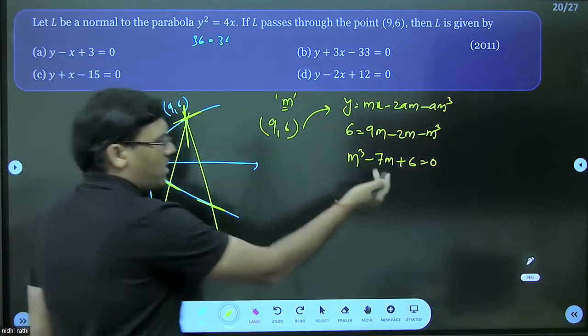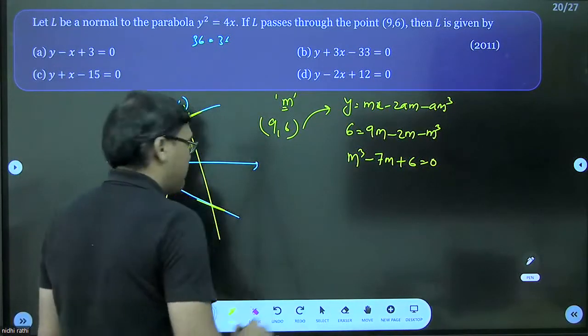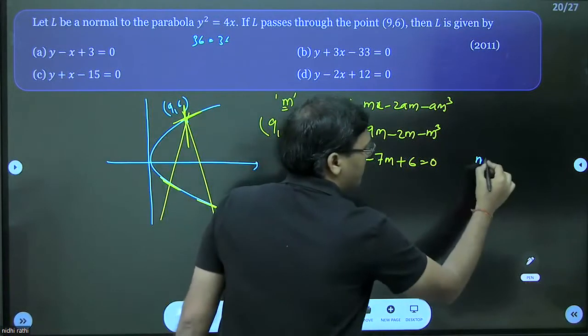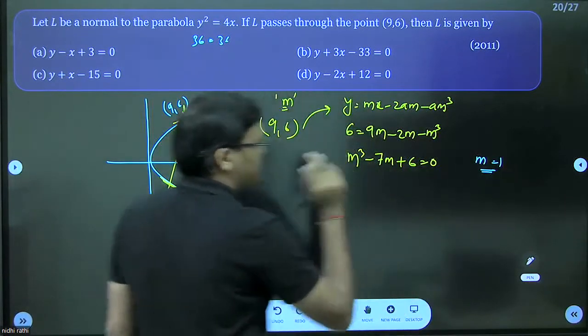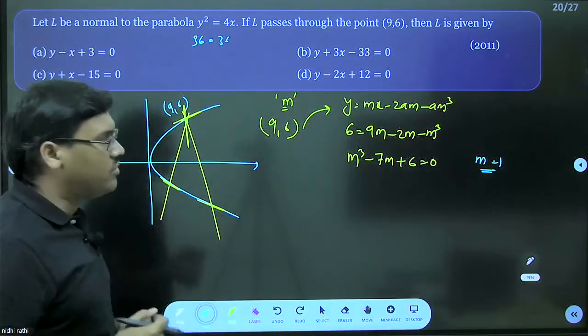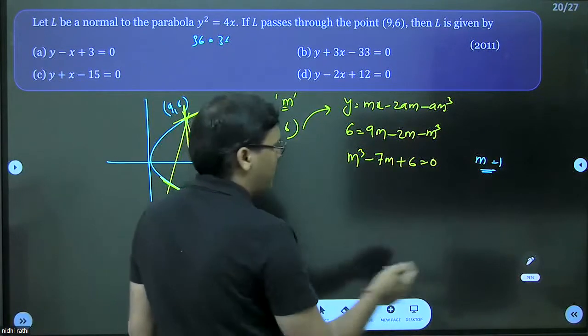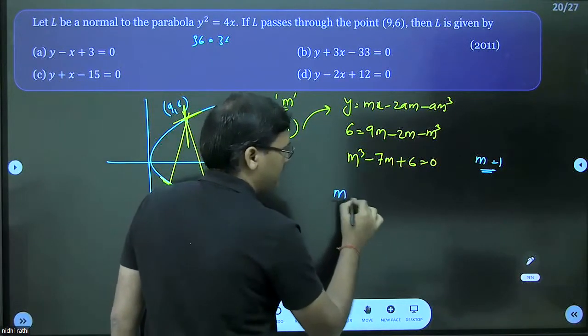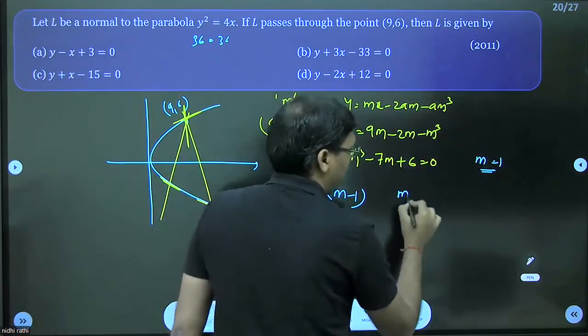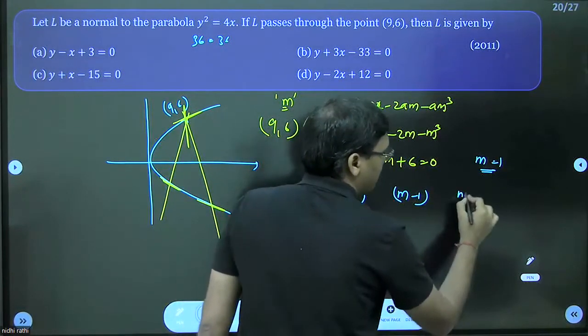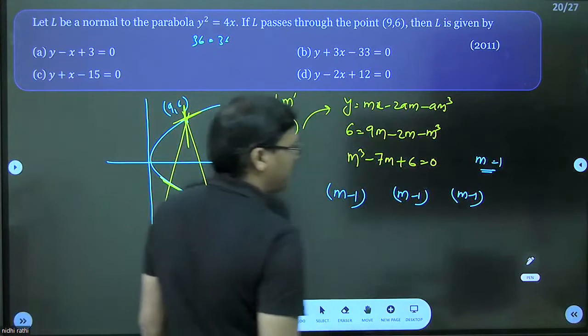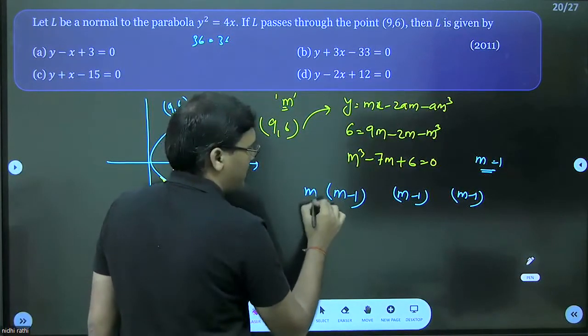Now this is a cubic equation. How will you solve this? You can clearly see by hit and trial, m is equal to 1 is one root. So find the remaining factors, either by dividing or by synthetic division. This is m minus 1. I'm directly factorizing this. I want m cube, so it should be m square here.